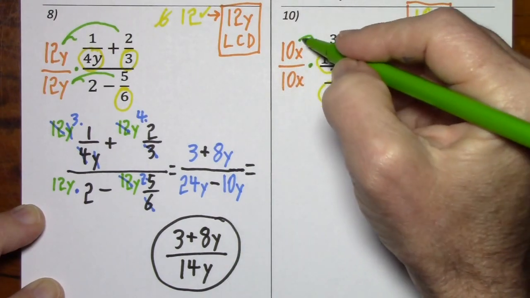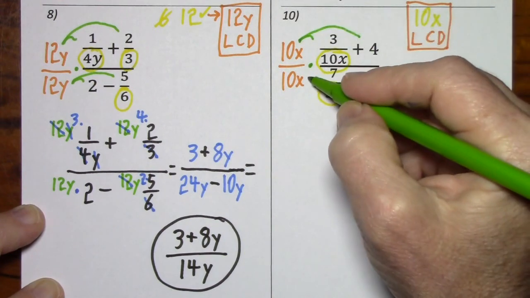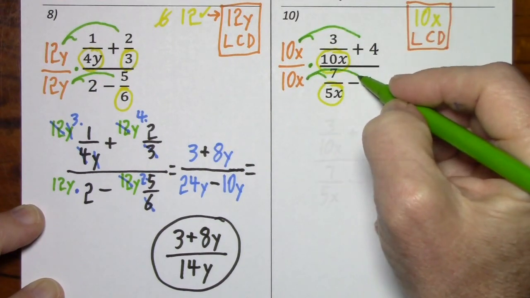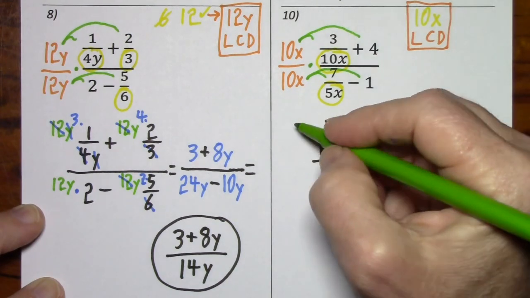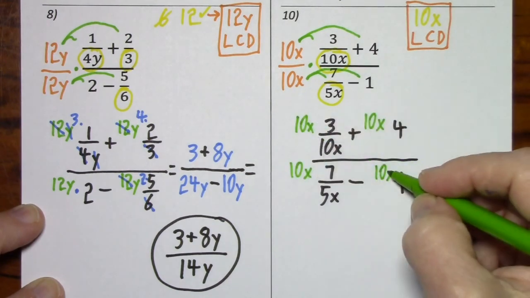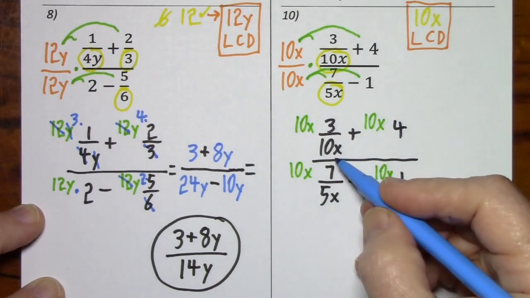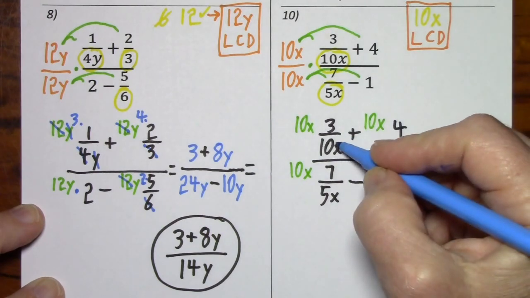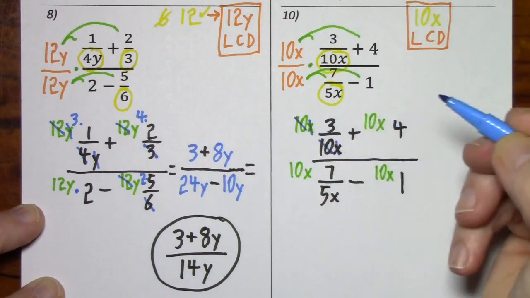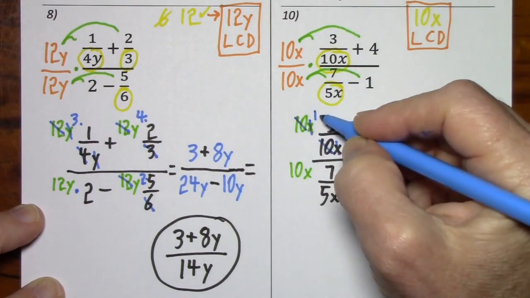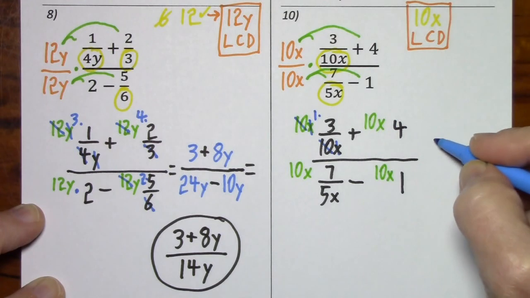So we distribute that to each term. Now we'll show it distributed and simplify wherever we can. X cancels x, divide by 10, divide by 10. Leaves you with 1 times 3.